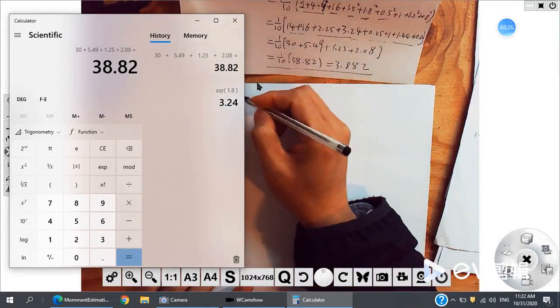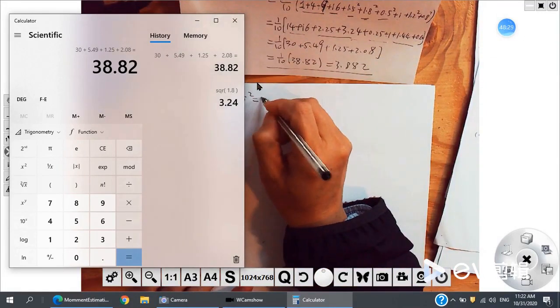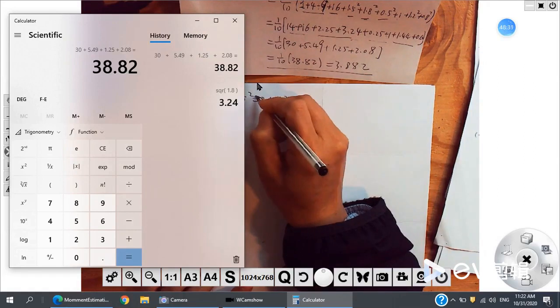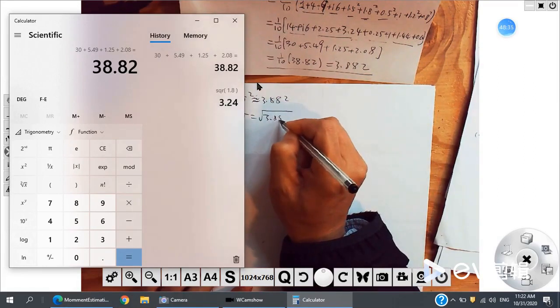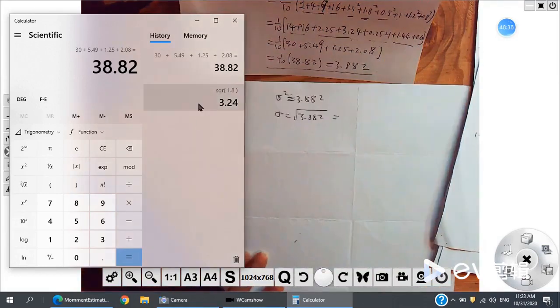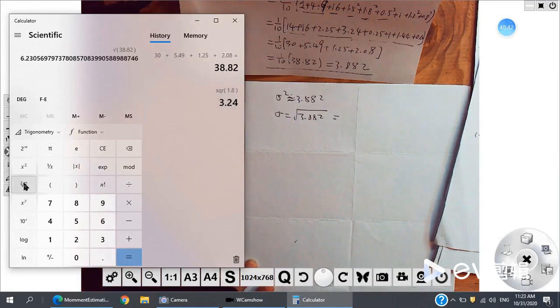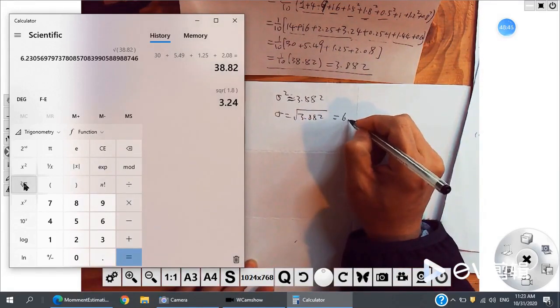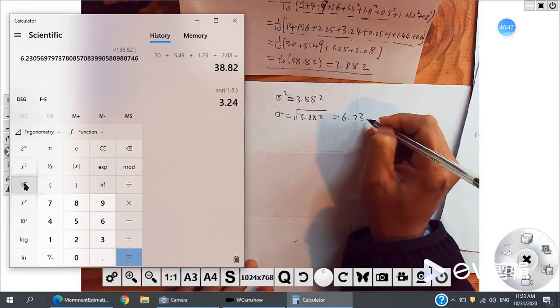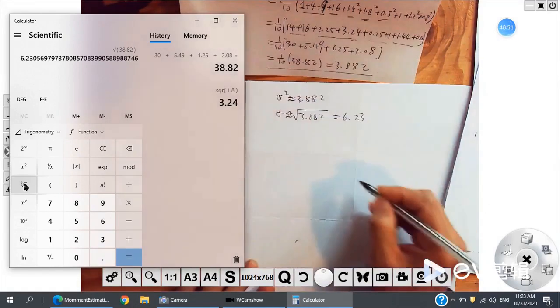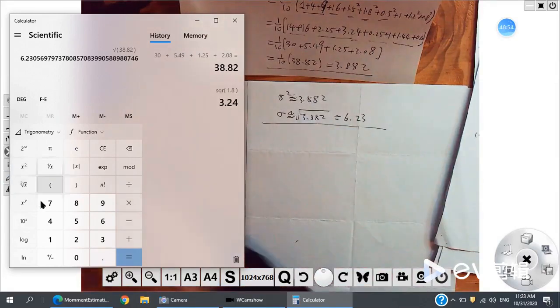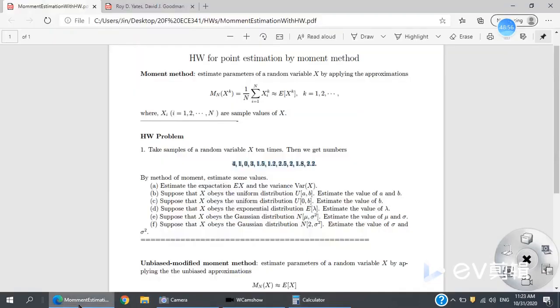So I have sigma squared is 3.882, this estimation, and the sigma will be the square root of it. The square root of this is 6.23 something. Okay, close, approximately. All right. So this is for the estimate with the last one.